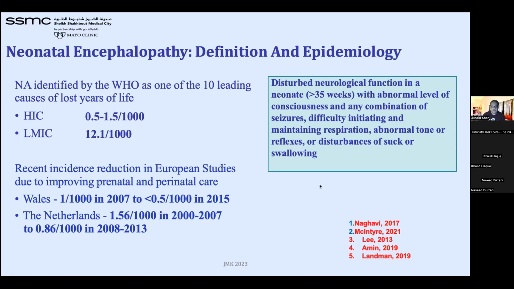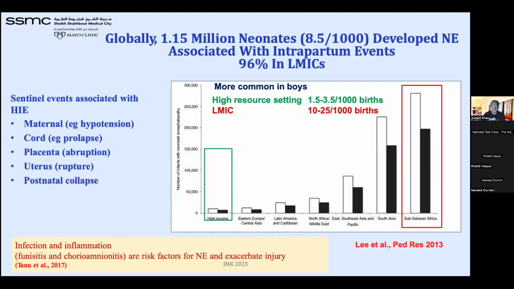Now come to the data again in the higher income countries and the lower income countries. This is from Pediatrics in 2013. As you can see, the high income countries have a very low rate of HIE. It is more common in boys.